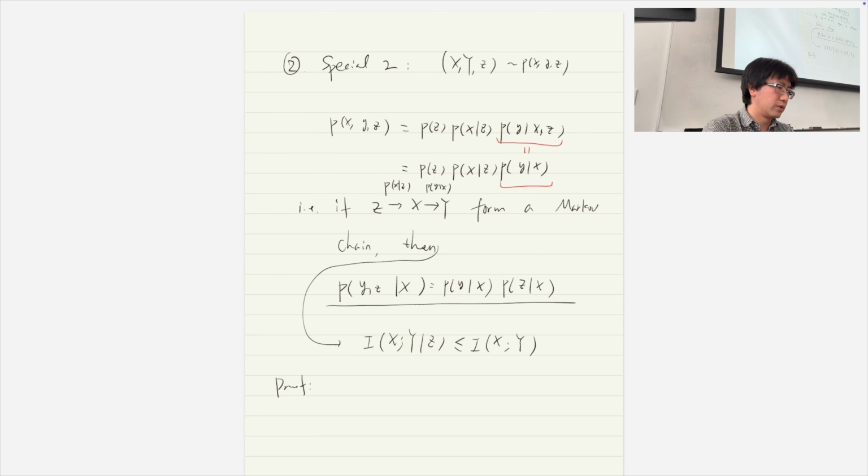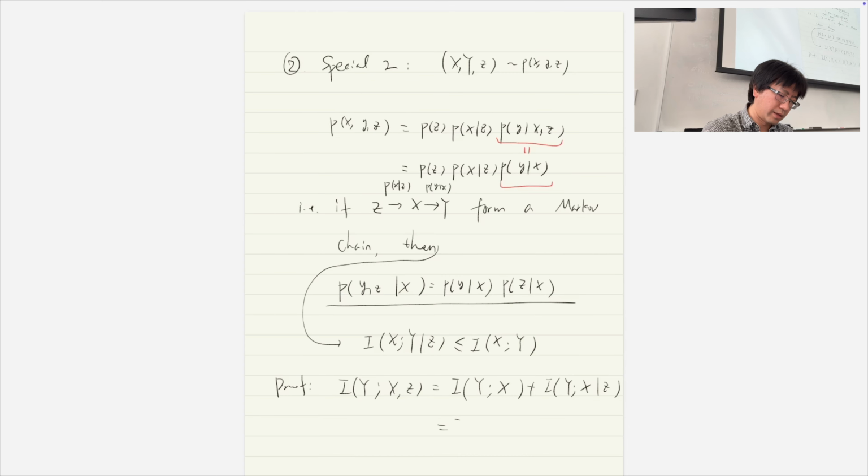Basically, what I do here is, again, write the mutual information in two ways. One way is the mutual information between y and x, add the mutual information between y and x given z.